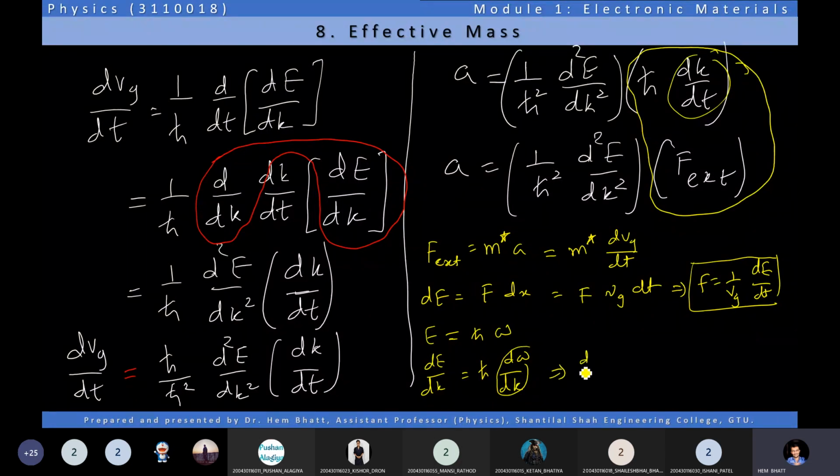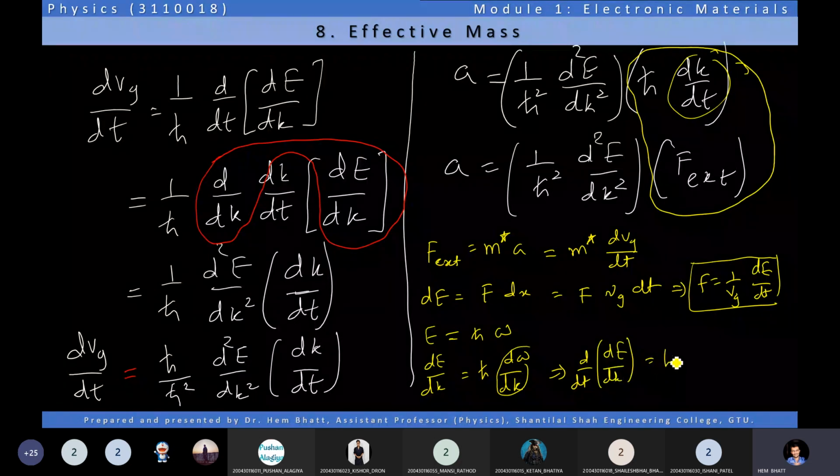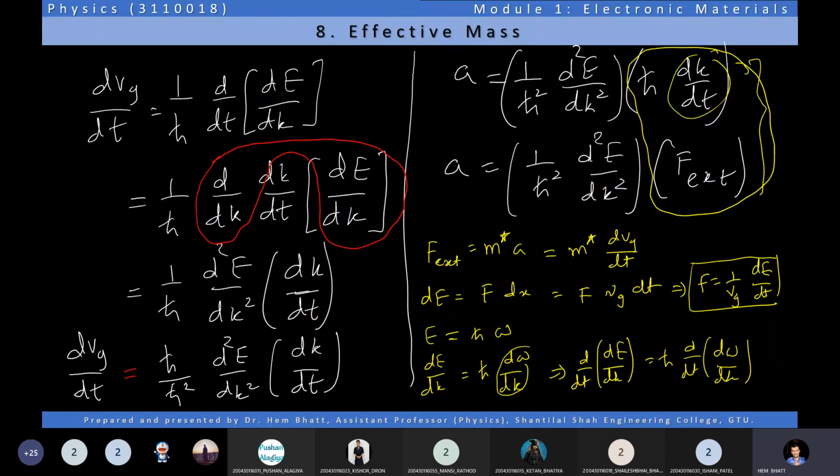Let me differentiate. So d by dt of dE by dk is h cut d by dt of d omega by dk. If you differentiate and rearrange these terms, you will get this relation. Try it out by yourself. I will not go into that much detail right now. Otherwise, you may accept that h cut dk by dt is the force.